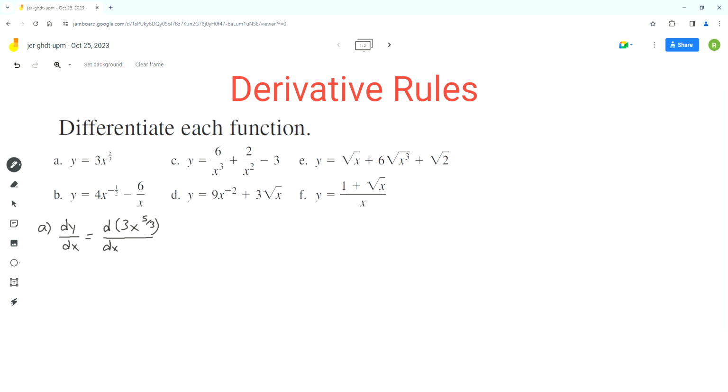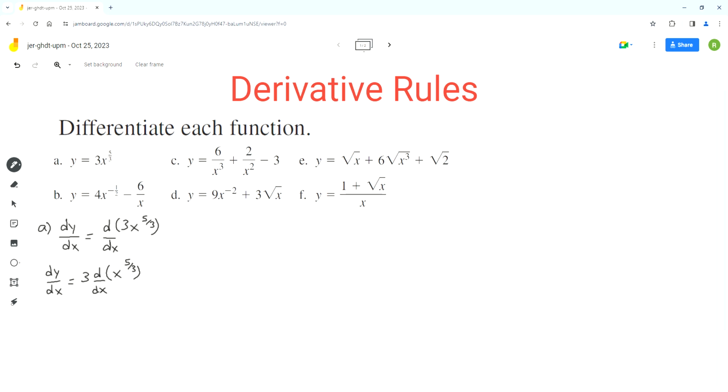Now we can use the constant product rule. 3 is the coefficient of the term, so we can move the 3 out of the derivative. So dy over dx equals 3, and now we get the derivative of x to the power 5 over 3.